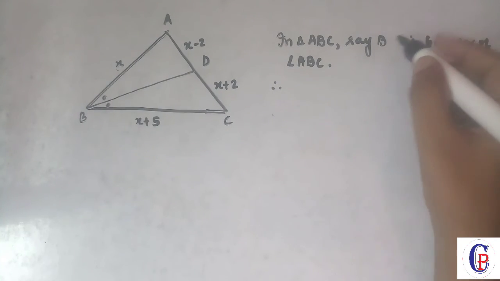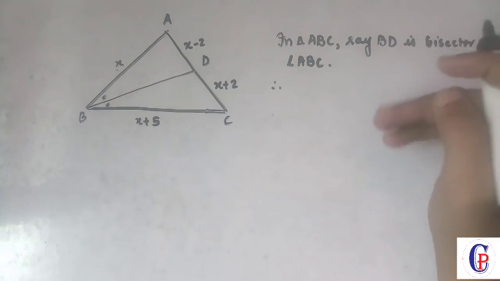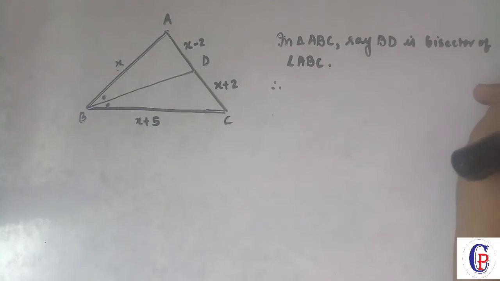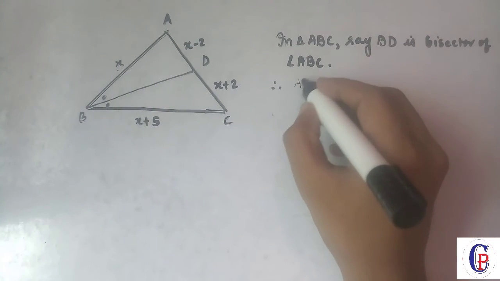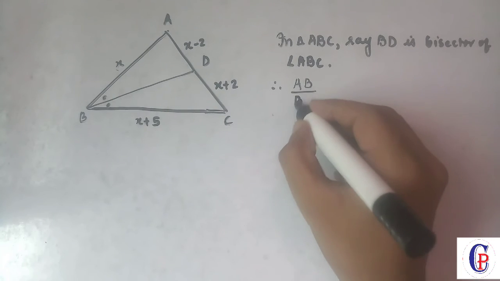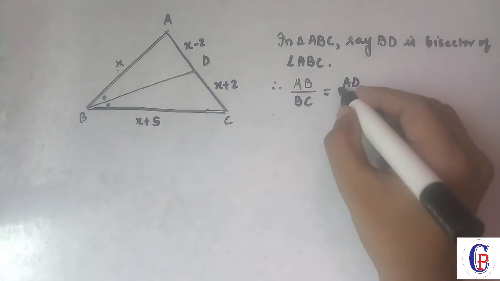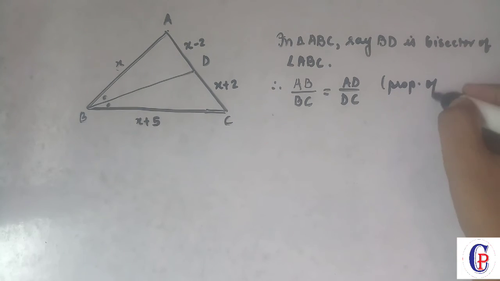Like in Hindi we say इसलिए, what happened, for that we are now going to write this. So here BD is the bisector of angle ABC. Therefore we say that AB upon BC is equal to AD upon DC. So you can write here: property of angle bisector.